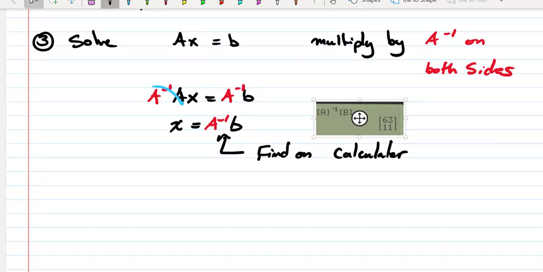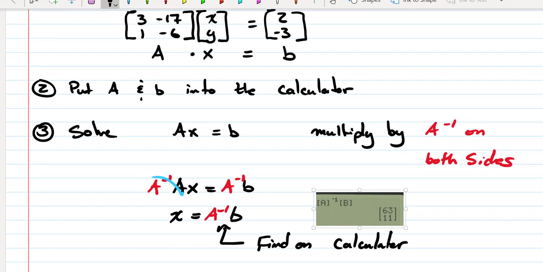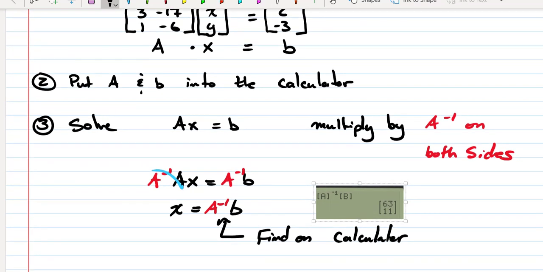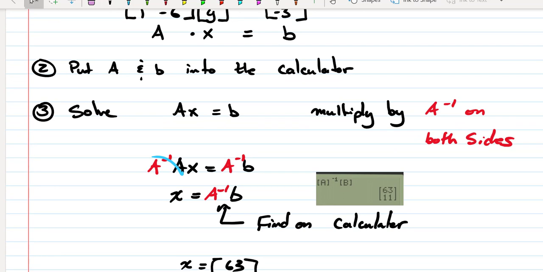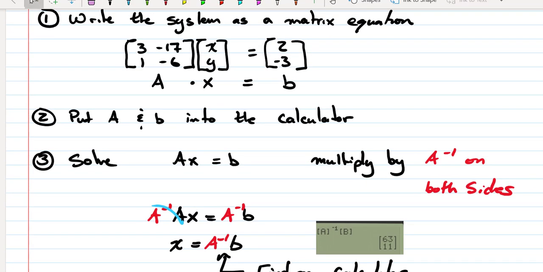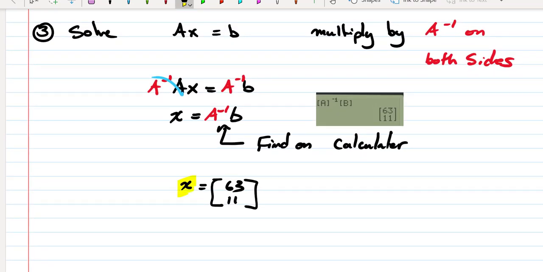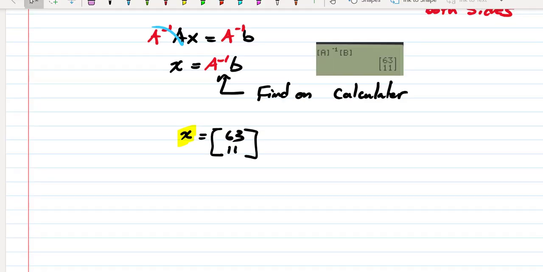So then what we have is the following. Well, what was matrix X? Matrix X was this matrix from the very beginning. So this is really X, Y equals 63, 11.